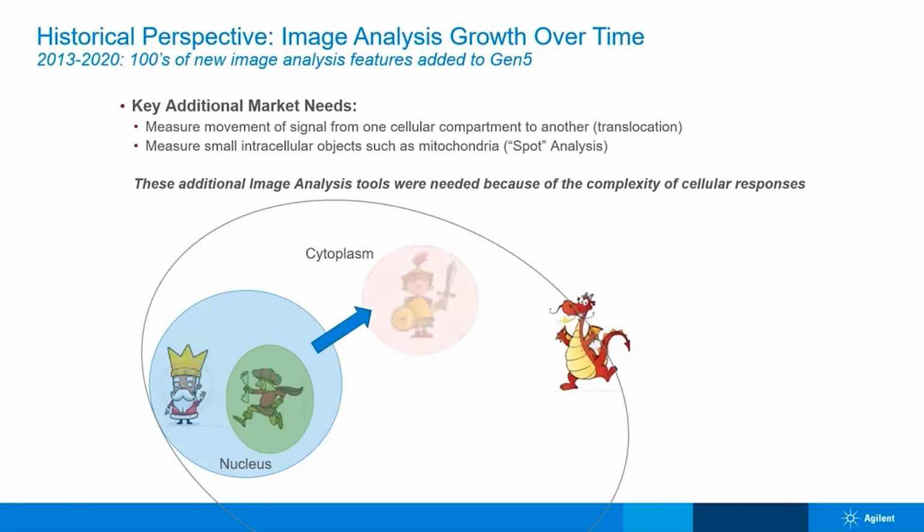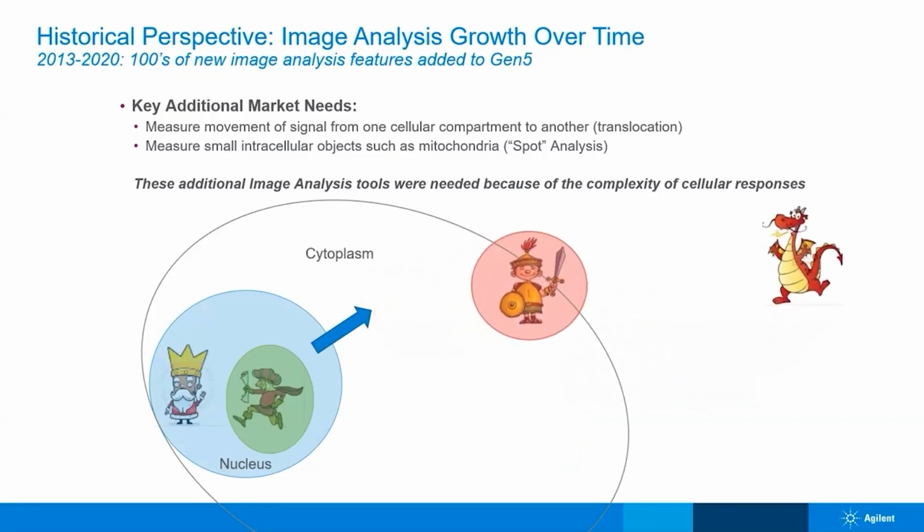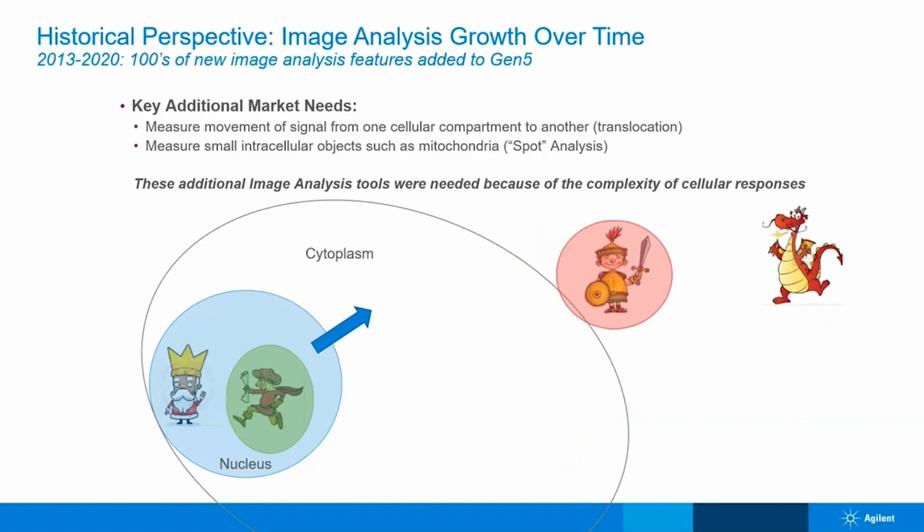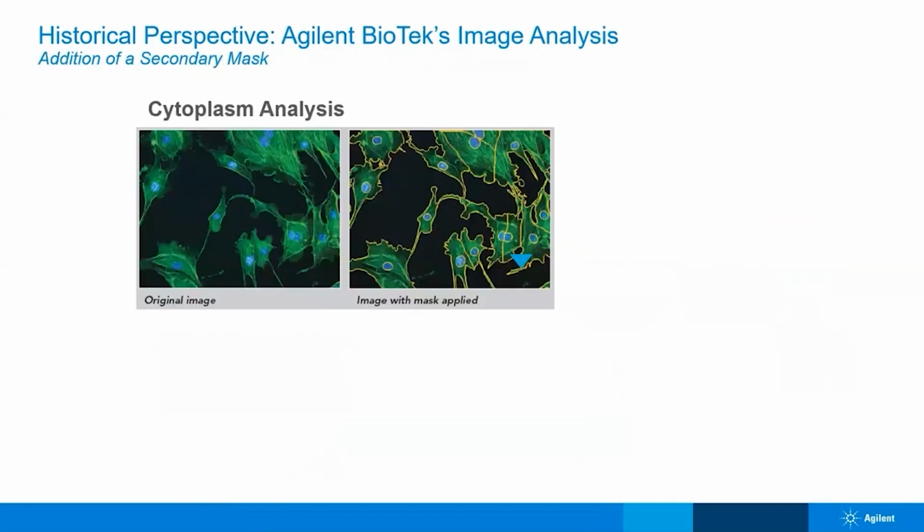You can then label a 3rd, 4th, or 5th protein with different colors to track cellular responses and the movement of the proteins accordingly. Now, this is an analogy to show the value of not only the multiple compartment analysis with image analysis, but also looking at smaller punctate objects within the cells.